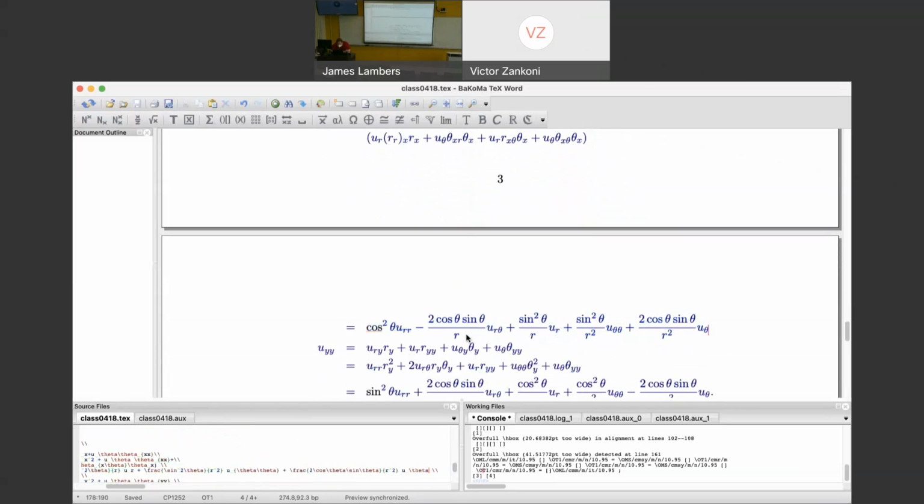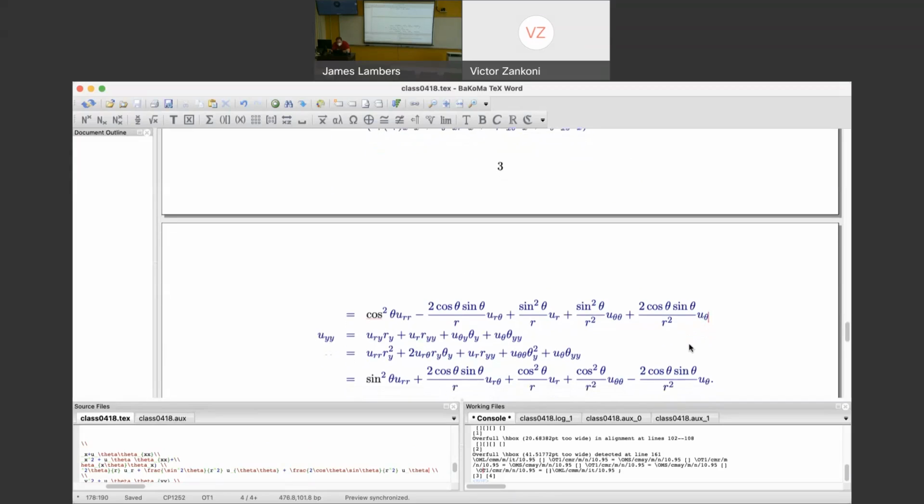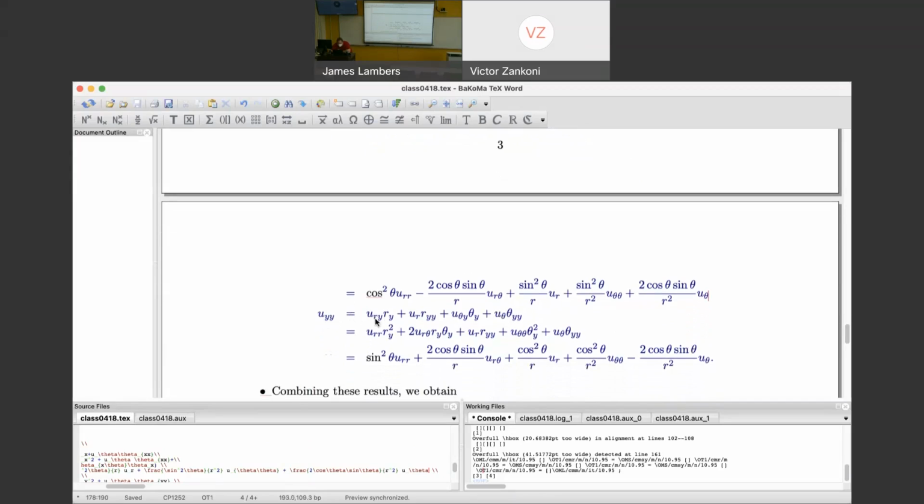So now we have u_xx in terms of derivatives of u with respect to the polar variables only. Then we do the same with u_yy, and that essentially plays out the same way. I'm not going to repeat the details here, but it's all analogous. And this is what we get. And notice that the expressions are very similar.